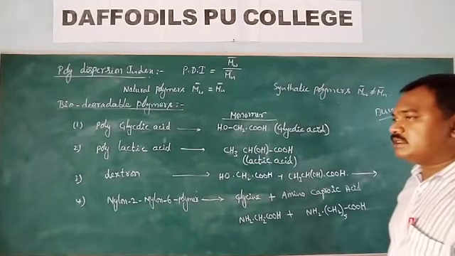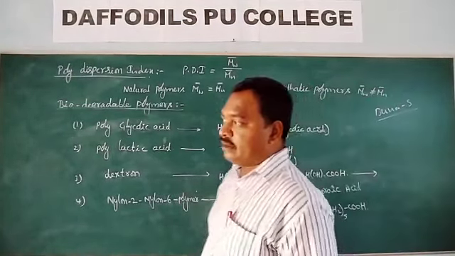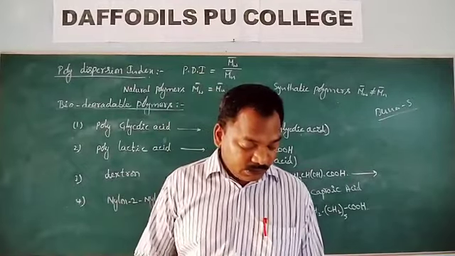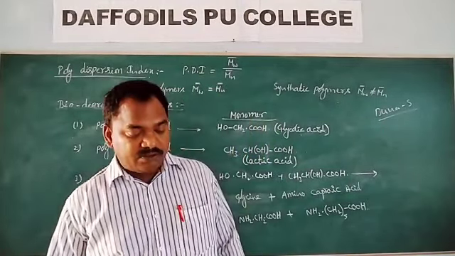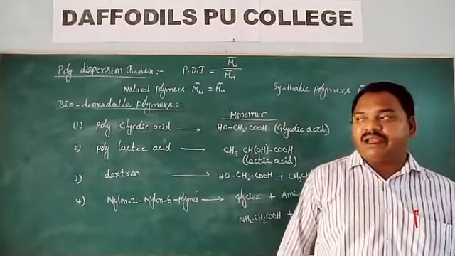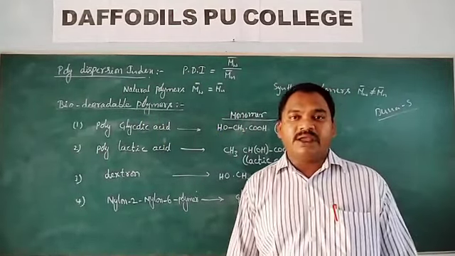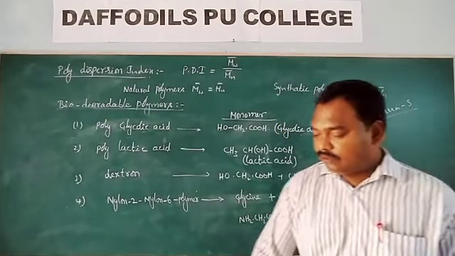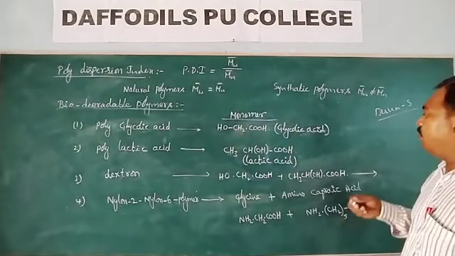And the next one is wigs. Wigs are made with vinyl chloride and acrylonitrile.